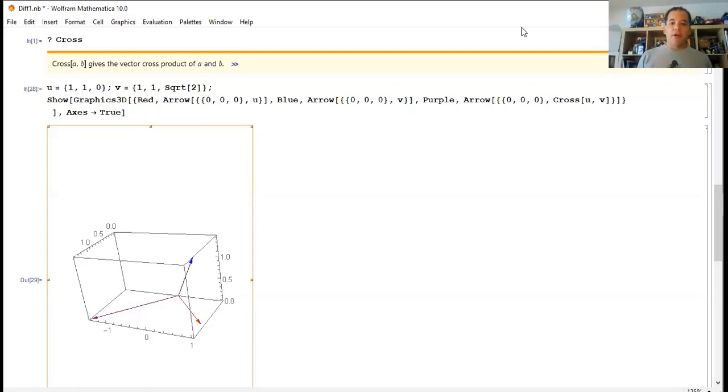So what have we gotten out of this so far? Well, first, it looks like a difficult proposal to figure out what the cross product is. How are we going to do that? Figuring it out from the picture is going to be close to impossible.